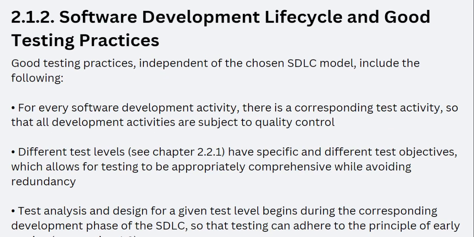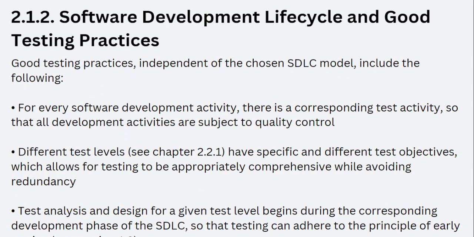Let's discuss how the software development life cycle, that means SDLC, intersects with good testing practices. Every software development activity should have a corresponding test activity, ensuring that quality control is applied throughout the development process.